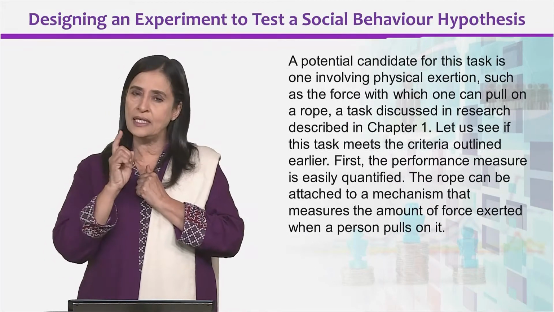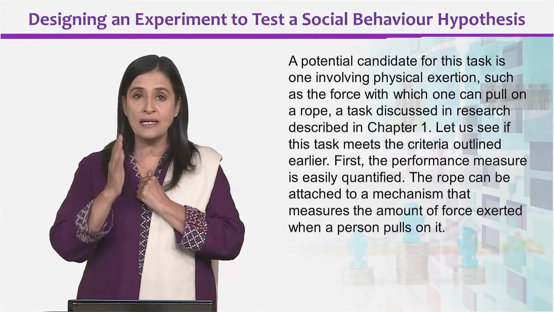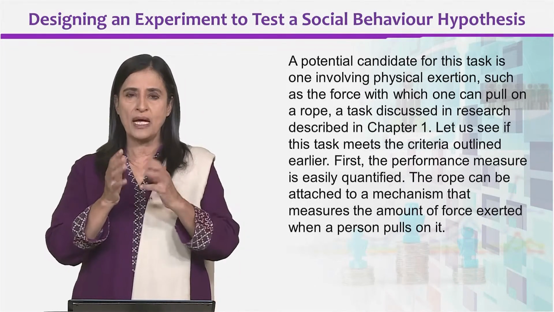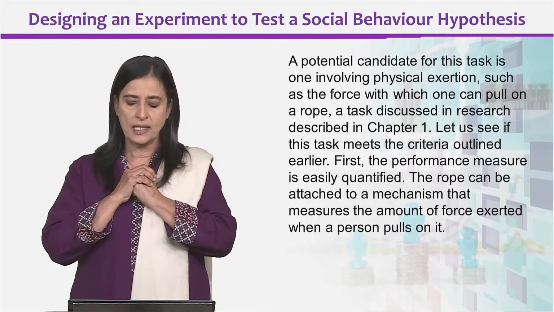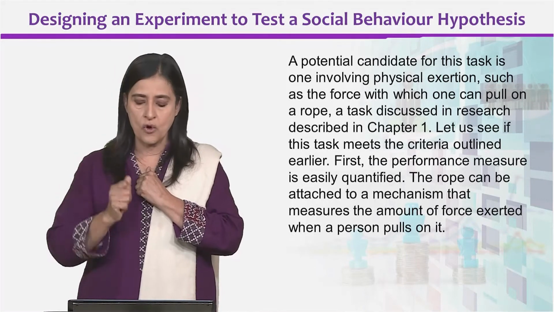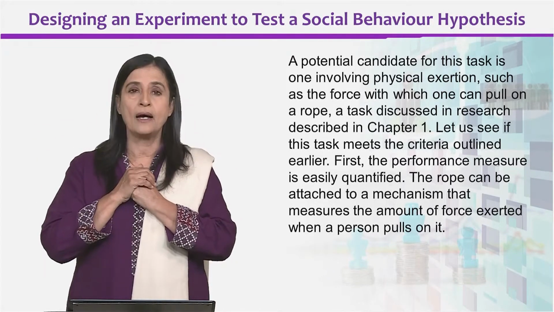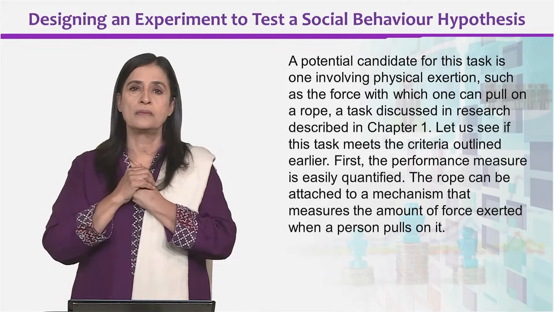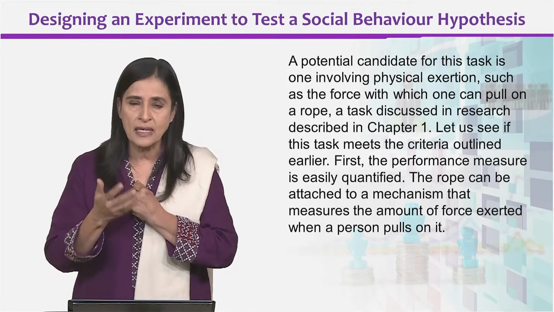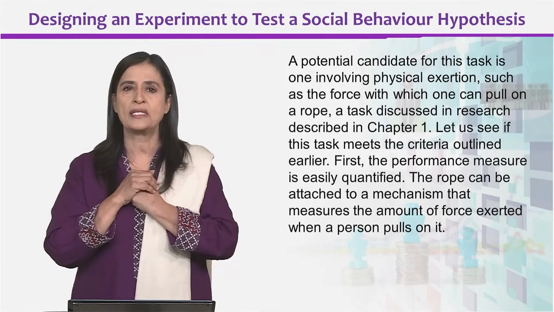A potential candidate for this task is one involving physical exertion, जिसमें कोई जिस्मानी मुशक्क़त या एफर्ट लग रही हो, such as the force with which one can pull on a rope, a task discussed earlier in our explanation of the experimental task that people can use in a lab experiment.